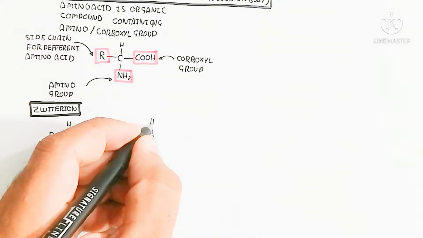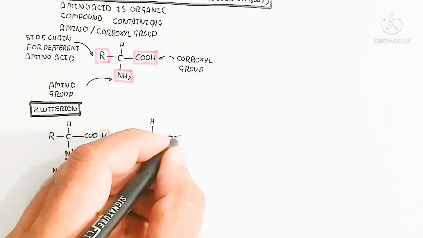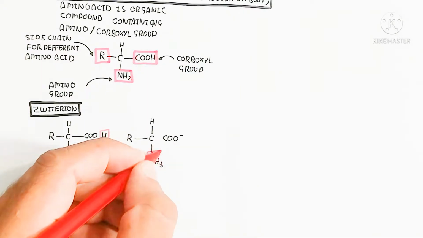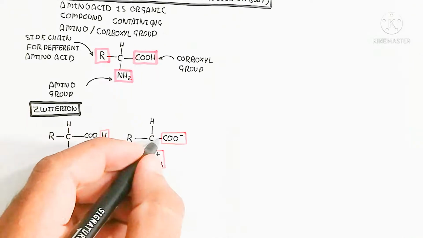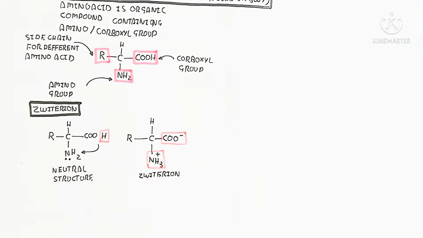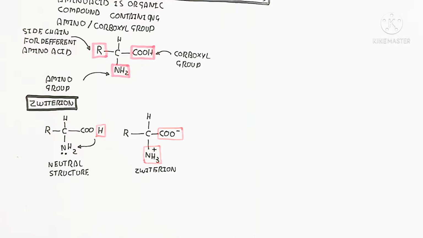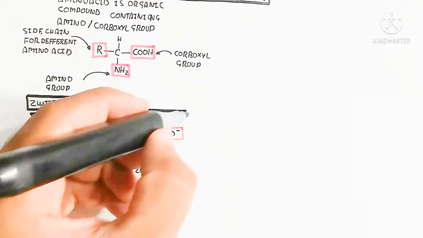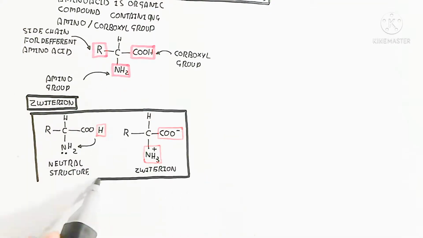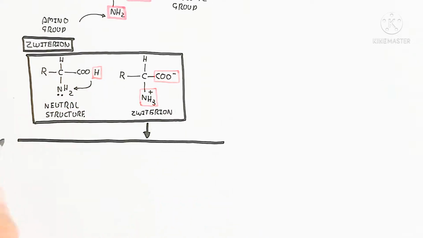For example, here is the neutral structure, but the shifting of the proton toward the amine group creates a positive and a negative charge. So an amino acid is basically not just an acid, but has a dual nature, due to the zwitterion.